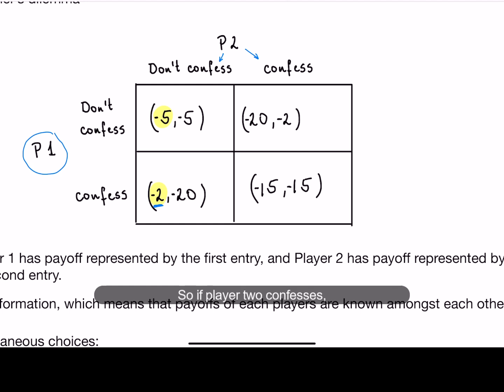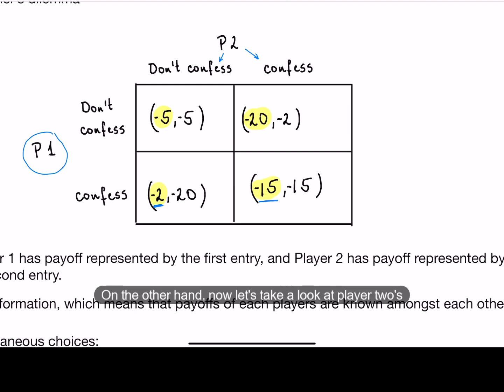So if player 2 confesses, then player 1 can either choose not to confess, in which case he will get 20 years of prison, or player 1 will choose to confess, in which case he gets 15 years of prison. And so player 1 will opt for the lower sentence, so he chooses to confess.